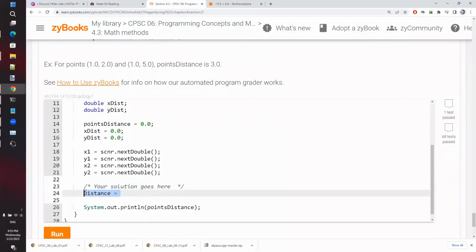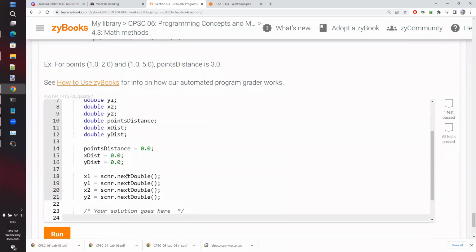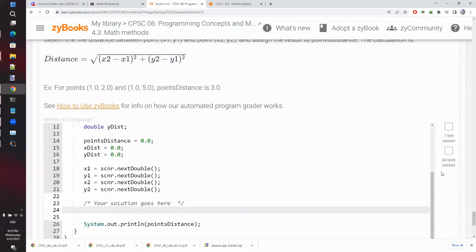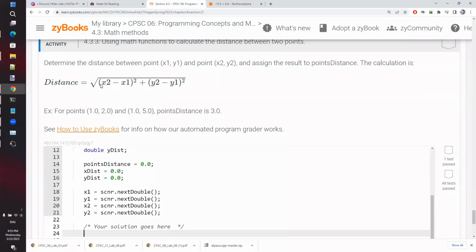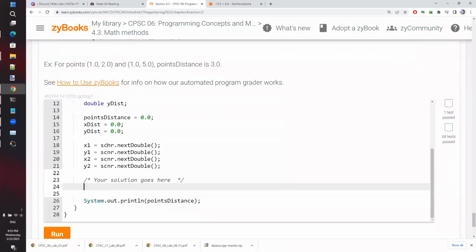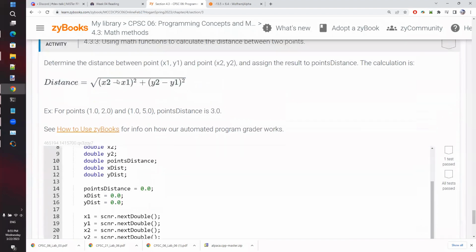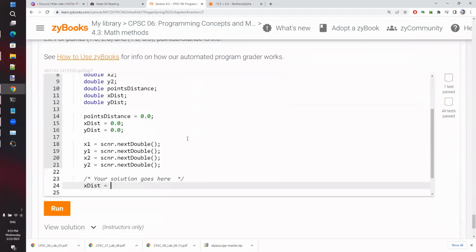So anyway, let's try to do this. If we're going to take 3 lines to do it, this first part right here, x2 minus x1, I could call that x dist. So I'm going to say xDist, that's the variable name, equals x2 minus x1.